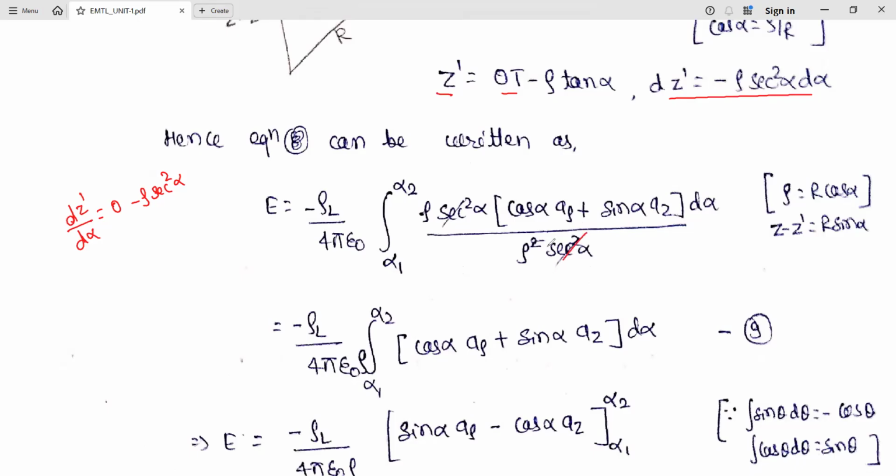Now here sec square alpha is cancelled, and one rho is cancelled. Finally, we have to integrate this. The integration of cos is sine, and the integration of sine is minus cos. So the range is going to change here from alpha 1 to alpha 2.